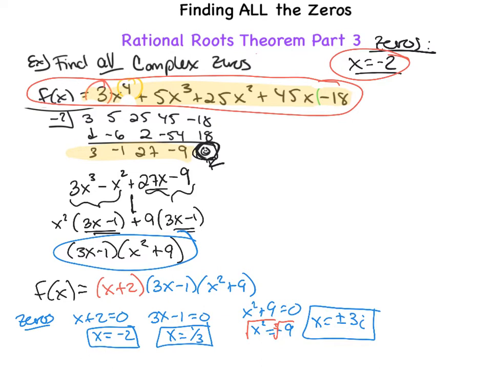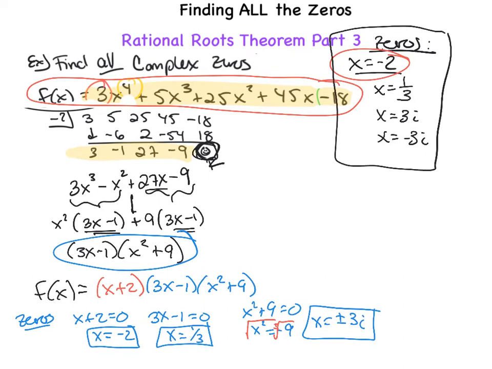-2, positive 1/3, 3i, and negative 3i. So if we had to find all of the zeros for that polynomial there, we would have 4 of them, just like the exponent suggested at the beginning. -2 we got from doing synthetic division. 1/3 we could have got from synthetic division, but we finally got it by factoring.